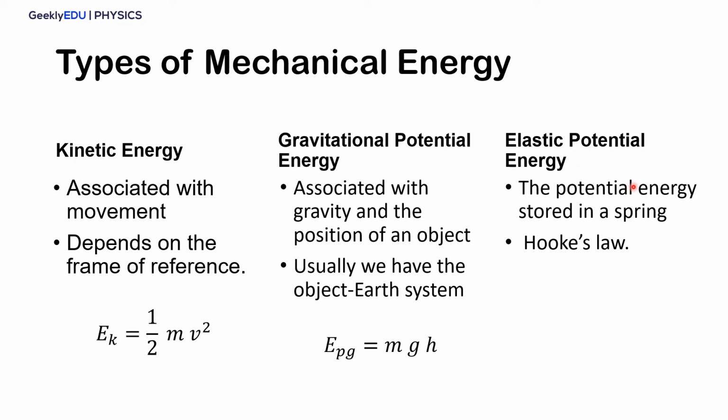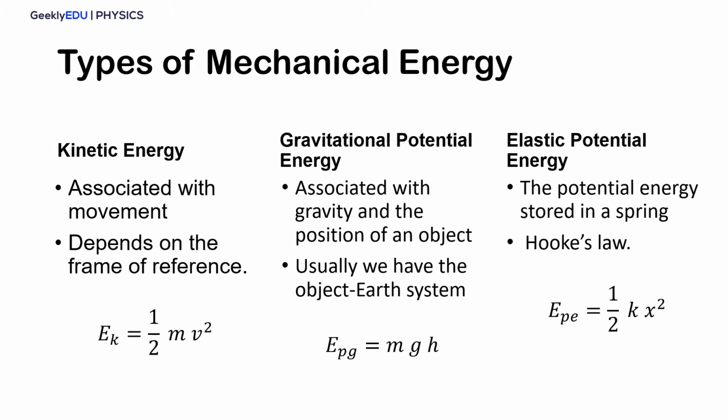The elastic potential energy is the potential energy stored in a spring, and we express this energy using Hooke's law. In this case, the elastic potential energy is expressed by half of the constant of the spring times the displacement squared.